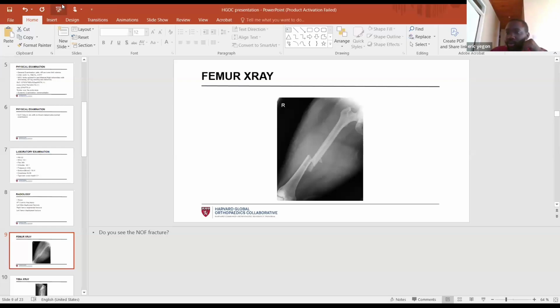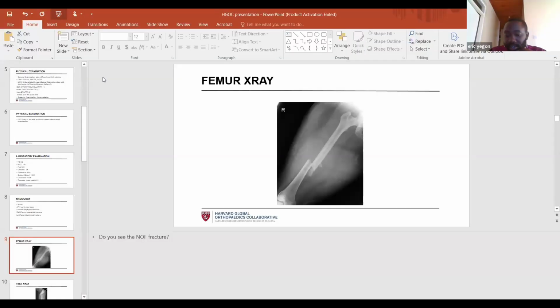Thanks, Dr. Yegon. Can you go back to the slide with the fixation just so we can have that up while we do the discussion? I think it would be helpful to have the radiology up just for a point of reference. Yeah, thanks. Okay. Which radiology did you want? I leave that decision to Dr. Haley and Dr. Shrabia.